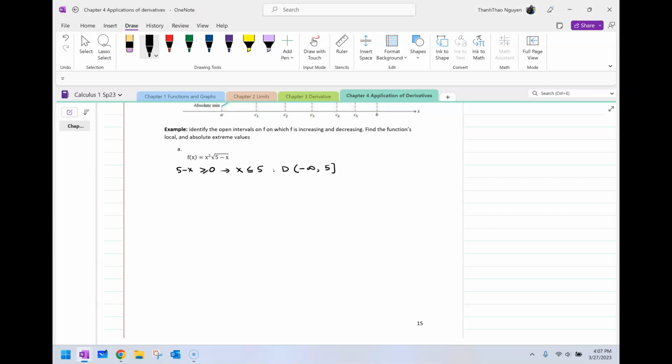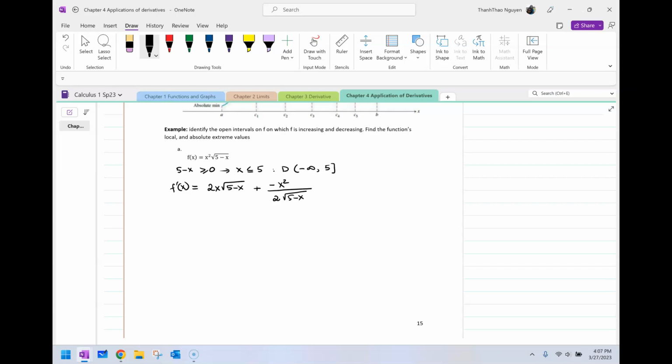So let's take a look at the critical values. f prime of x is equal to 2x times root of 5 minus x plus negative x squared divided by 2 times root of 5 minus x.